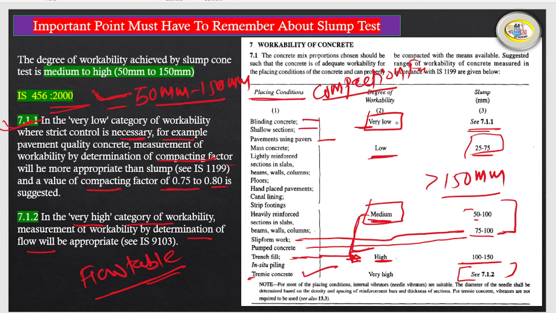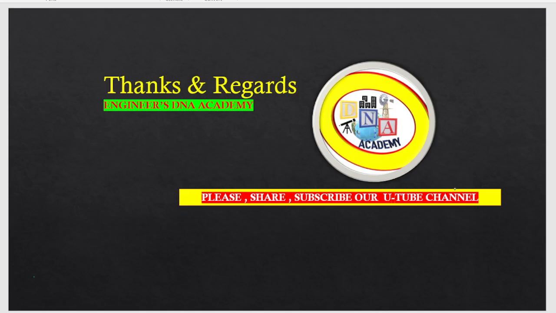For very low, the slump cone is not going to be used; the compaction factor test is used. For low, they have specified the range 25 mm to 75 mm. For medium, that is 50 to 100 or 75 to 100. For high, that is 100 to 150. And for very high, greater than 150. Got it? But the slump cone test provides a good value for the medium to high workability range.